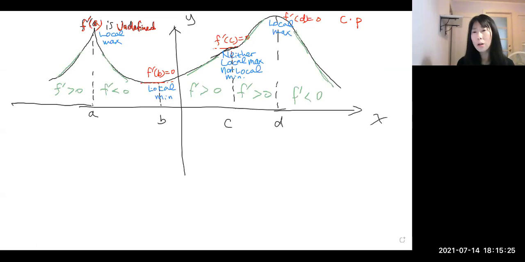Now, we learned earlier, right? So f prime is greater than 0. What can we tell about the function f? It's increasing. F is increasing. F prime is less than 0. What can we tell?